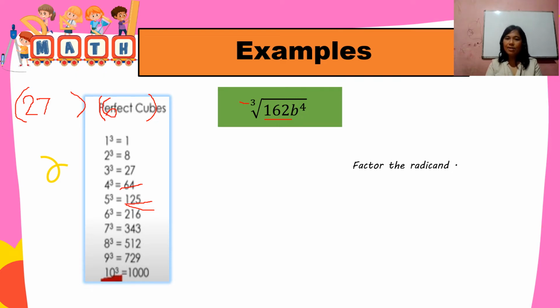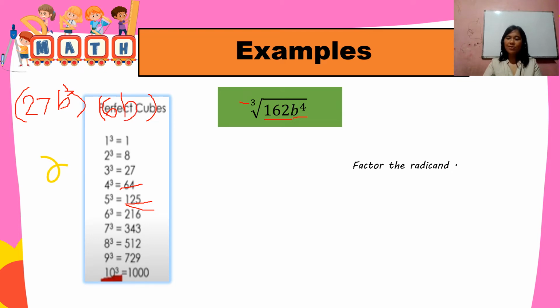Okay? Ngayon naman, dito sa b, i-divide nyo, b to the 4th, or 4 divided by 3, meron tayong 1. So, maglagay ka dito ng b cube. Okay, kasi nasa cube root tayo, b cube, tapos, syempre, kasi may sobra siya, lagay mo yung sobra dito sa kabila.